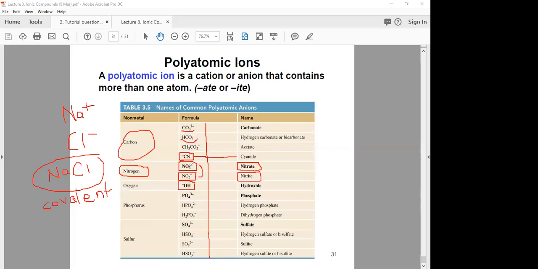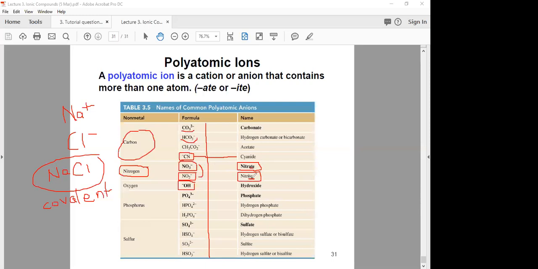So nitrate has 3 oxygens. Nitrite has 2 oxygens. And this actually determines the suffix that's used, ate or ite. So the species that has more oxygens is given the suffix ate, fewer oxygens, ite.